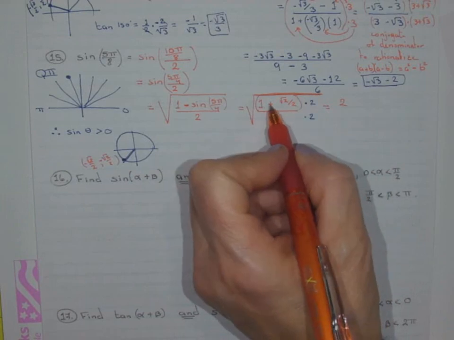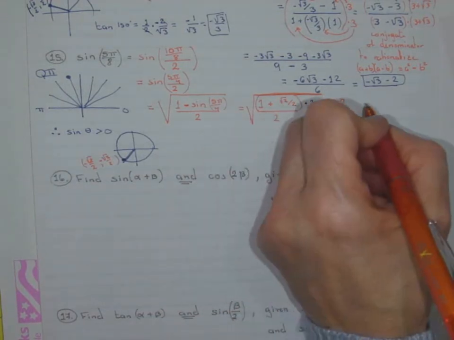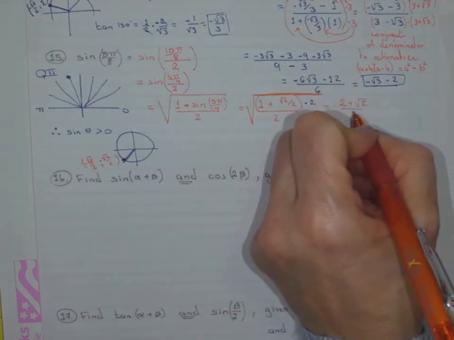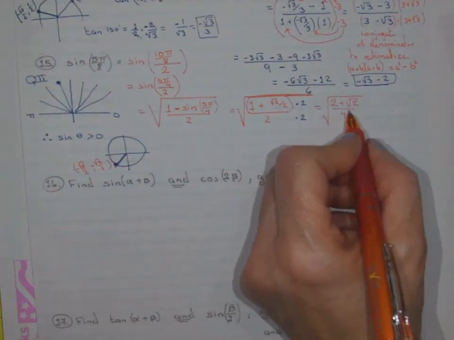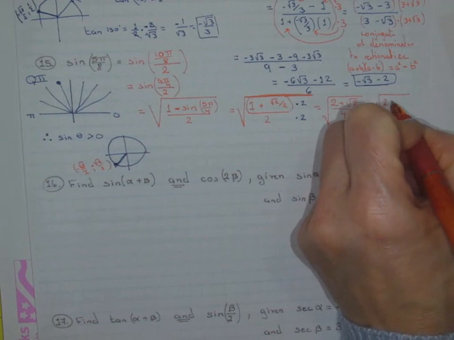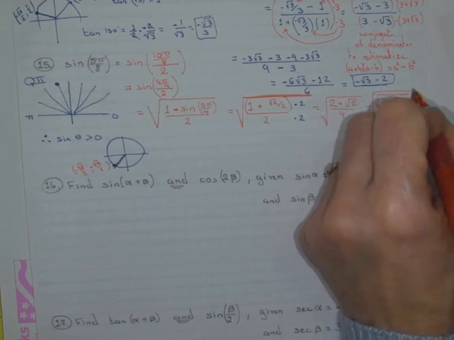So multiply by 2 is 2. Multiply by 2, we'll just cancel that 2, and I have a square root of 2 left. And then multiply that by 2 will be over 4, and then, of course, we are still in that square root. But in the numerator, I have a square root of 4, which I know I can simplify. However, my numerator does not simplify any further. So this will be my final answer.